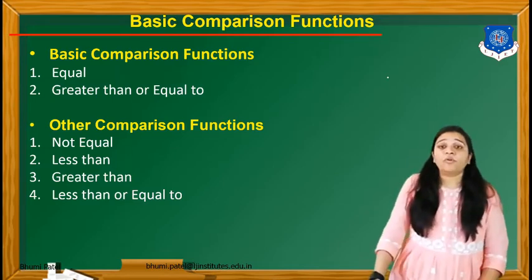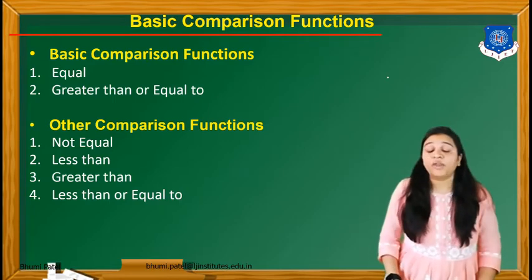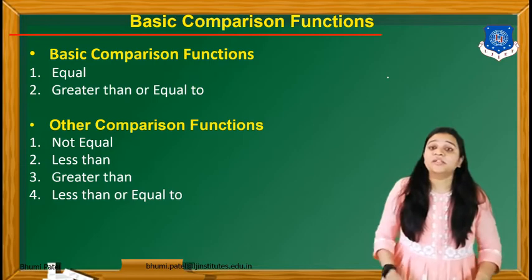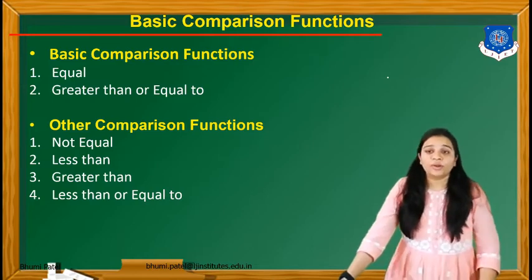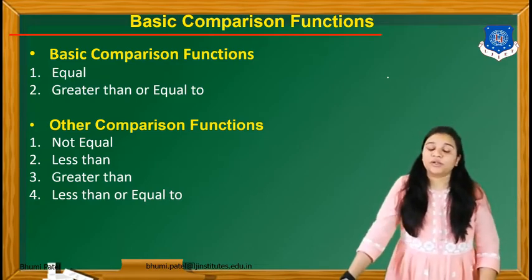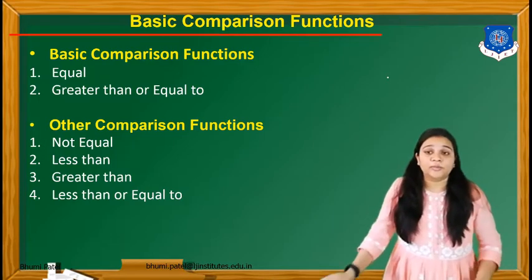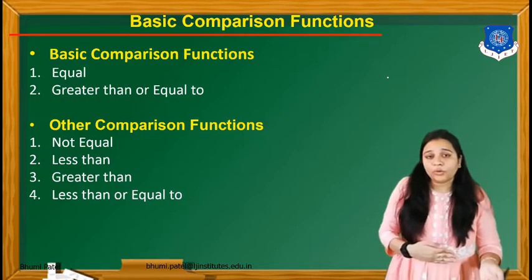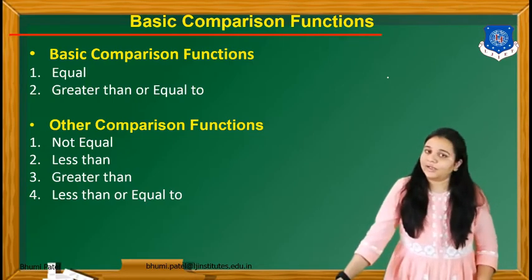The same thing applies to the comparison function. We have to know the command for each comparison function, and using this command we derive the PLC program in the ladder diagram in this software, and then check whether the two given numbers are equal, not equal, less than, greater than, or greater than or equal to.